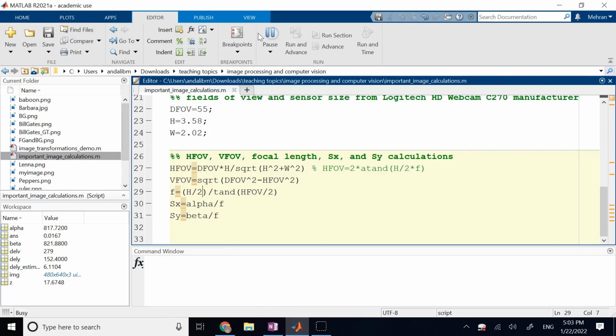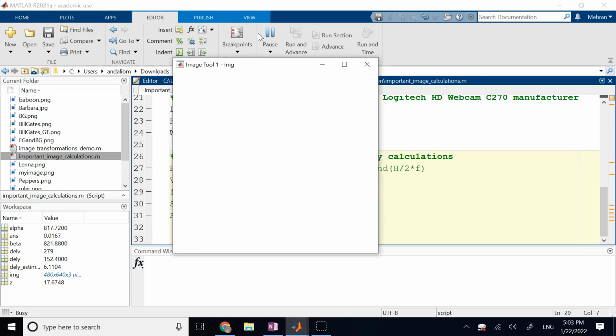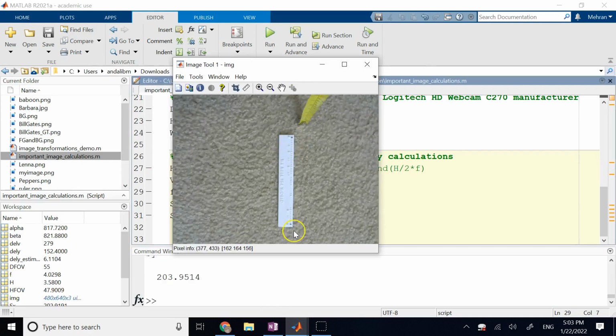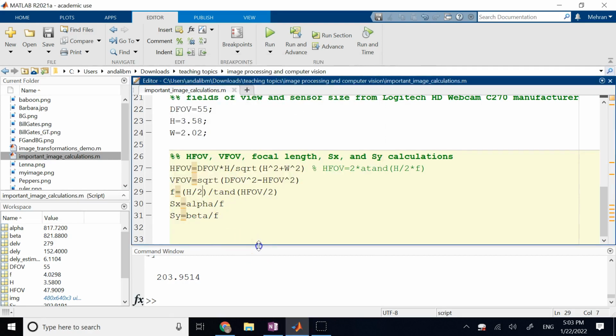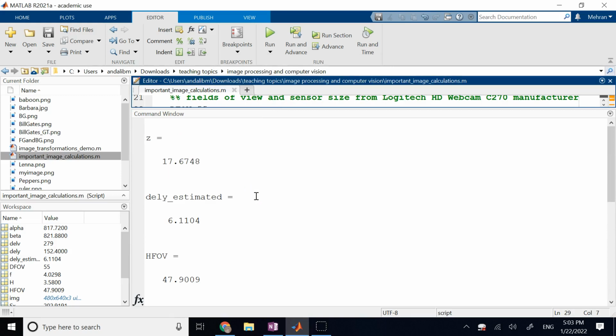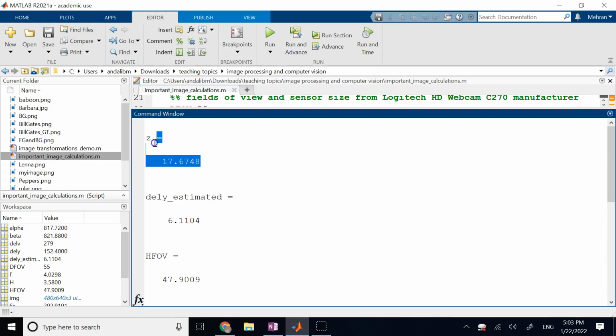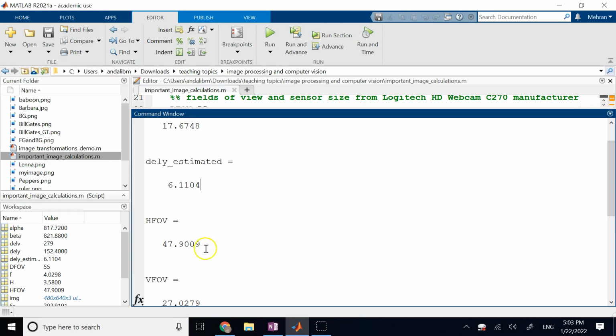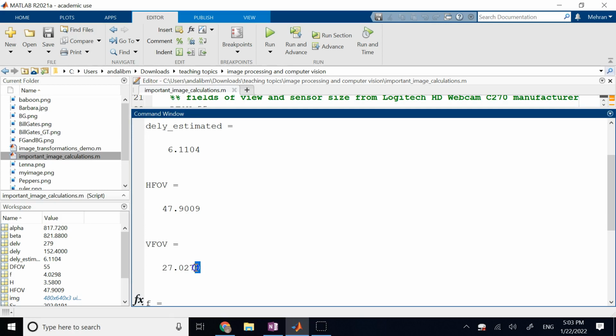So here, if I run this code again and do the image measurement, which I did already with the IM tool, then guess what? It gives me the information. Hey, this is the range that you took the picture of. If I knew the range, 18 inches, this was the distance between those two black points. Your horizontal field of view is about 47.9 degrees. Vertical is 27.02 degrees.